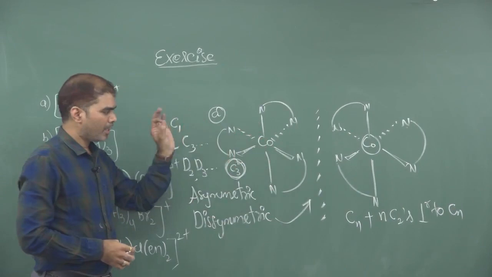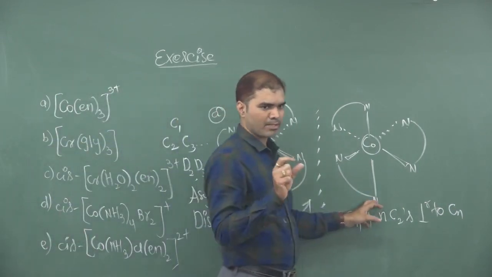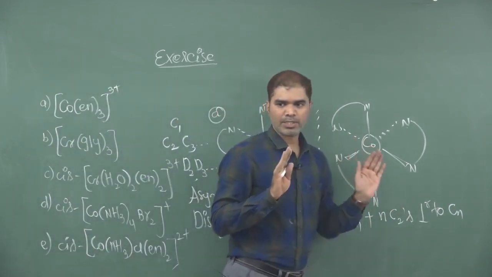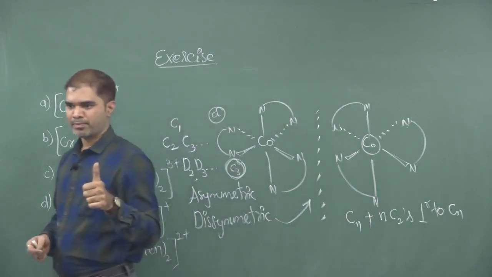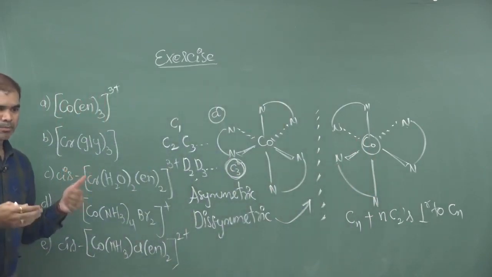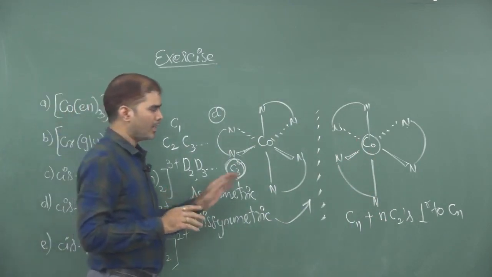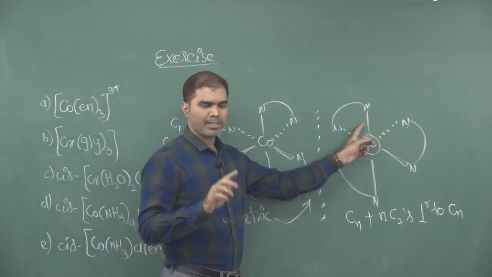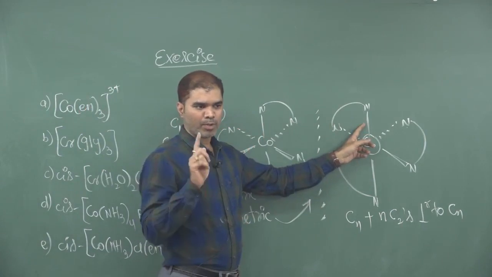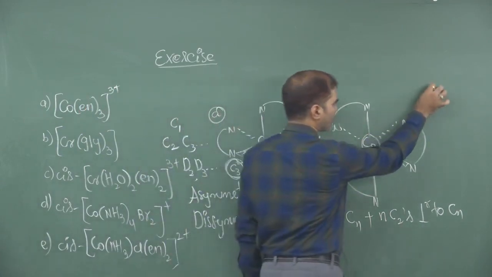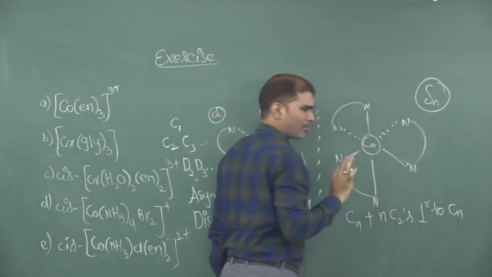So any molecule that has only rotations is also optically active. Carbon asymmetry means no rotational axis, hence optically active. But even if rotational axes are present, such molecules are also optically active, provided Sn is absent. There should not be any Sn.